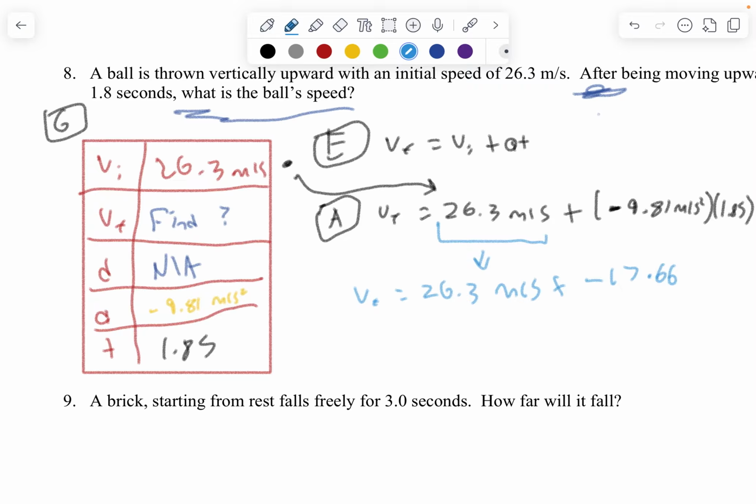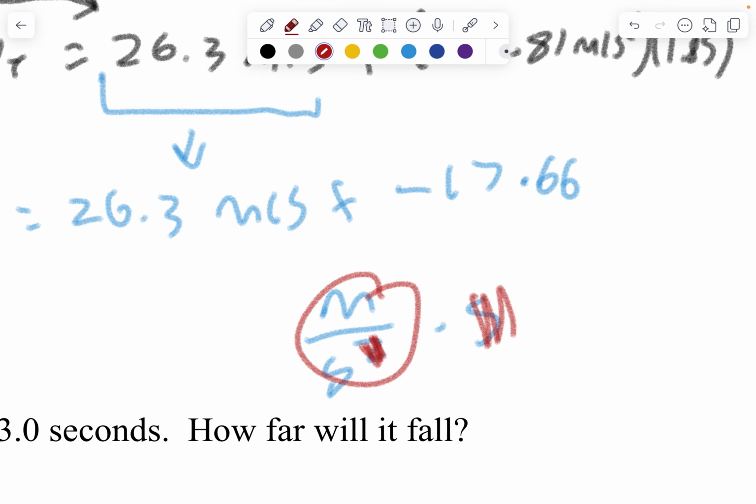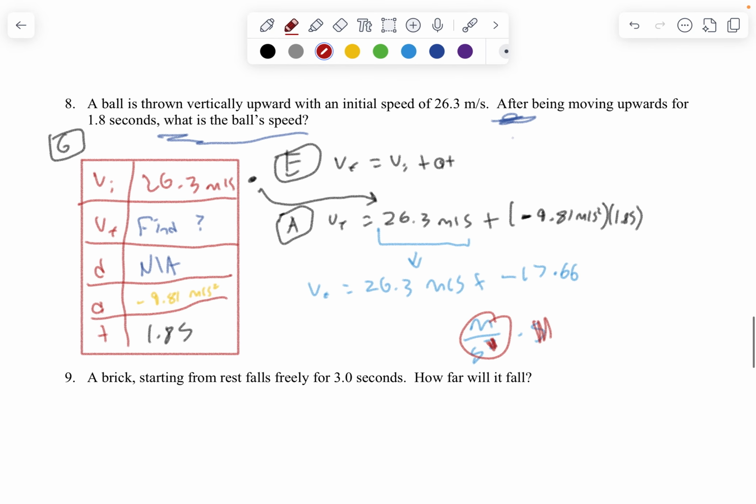And then what are the units? Well, meters per second squared times seconds: the seconds cancel, and that gives us meters per second. Great. And then this plus minus here just means minus.